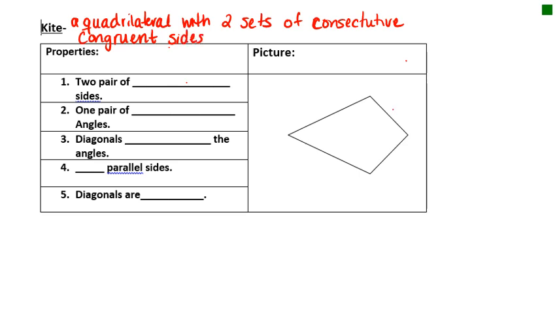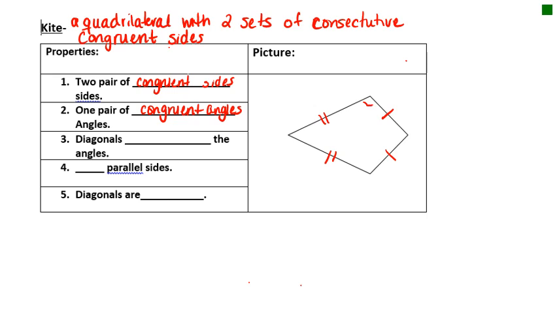So if you look, these are consecutive and congruent, and then these are consecutive and congruent. All right, so there's 2 pair of congruent sides. Bam. There's also 1 pair of congruent angles.